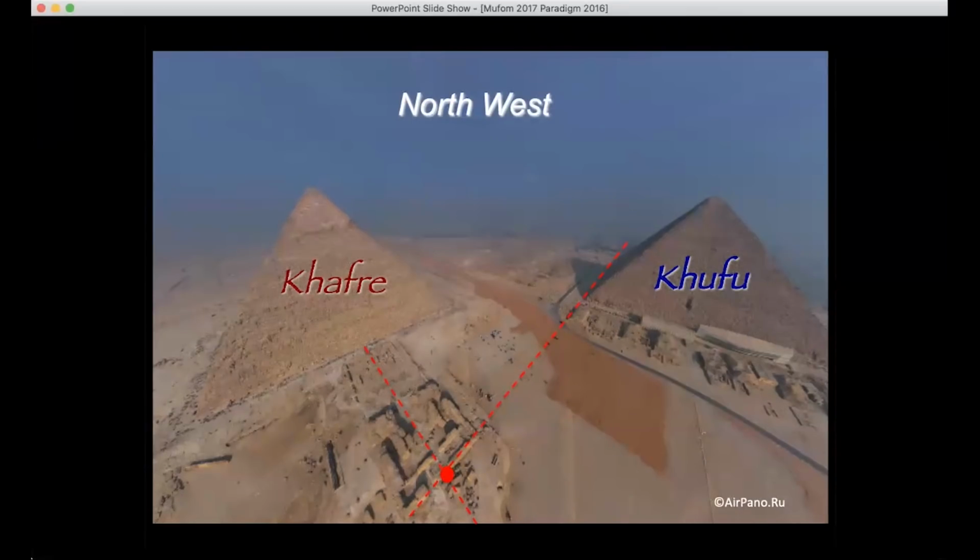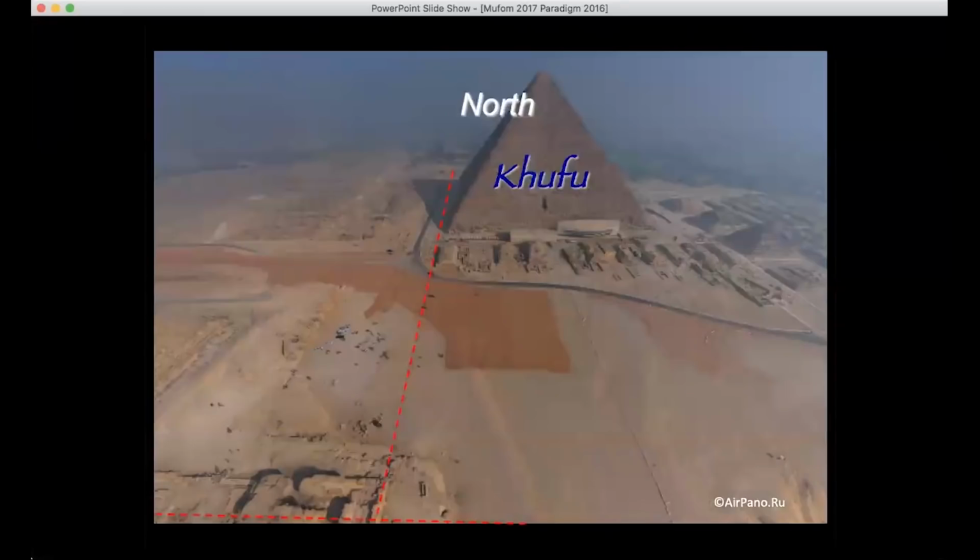All right. So now we just turned 45 degrees, and we're looking kind of northwest, and we can now see Khufu, the Great Pyramid, over there. And we can see that north line; it's not on the actual edge of the pyramid. It's up a little toward the west of that. You can see a little better there. Now it's looking due north.